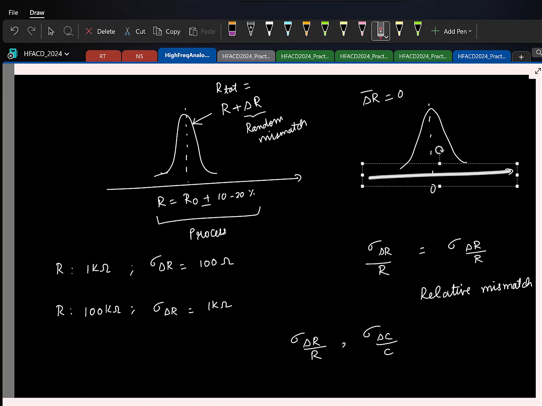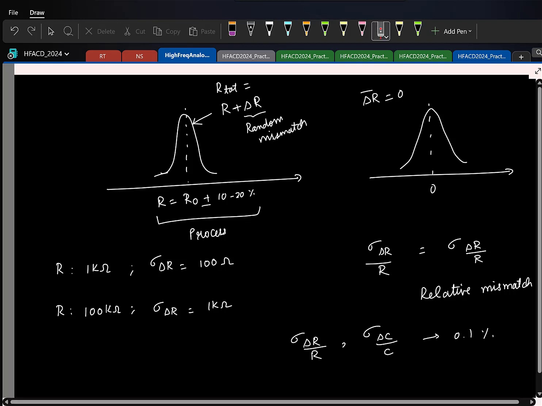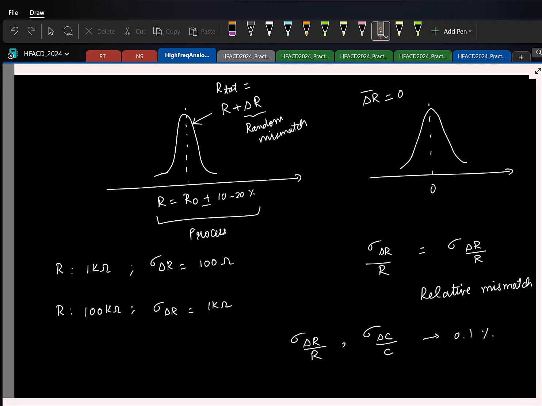Typically, the relative mismatch for passive components can be as low as 0.1%. What that means is, if I look at the variation in the mean value from chip to chip, the mean value can vary by 10 to 20%, but within one chip, if I have 1000 resistors, around that mean value the spread is very small.